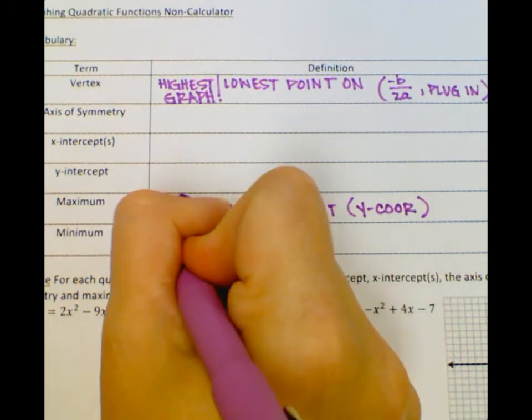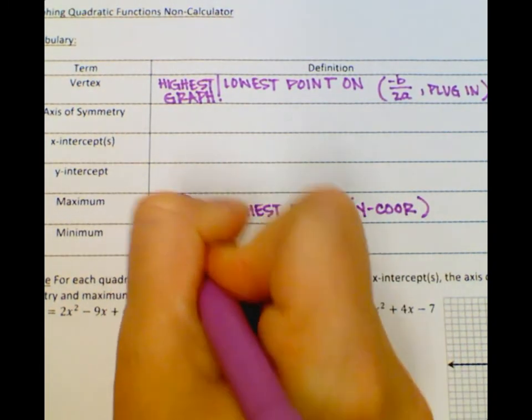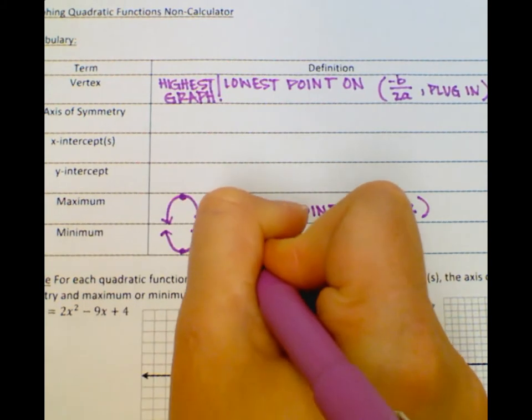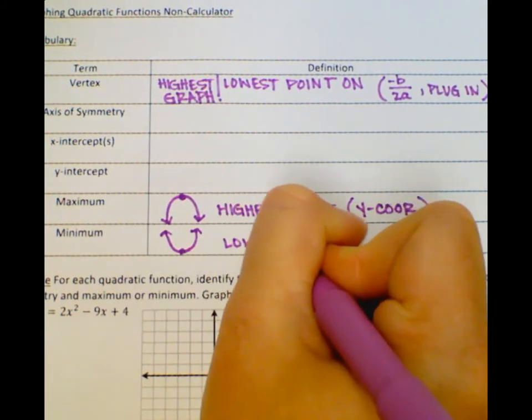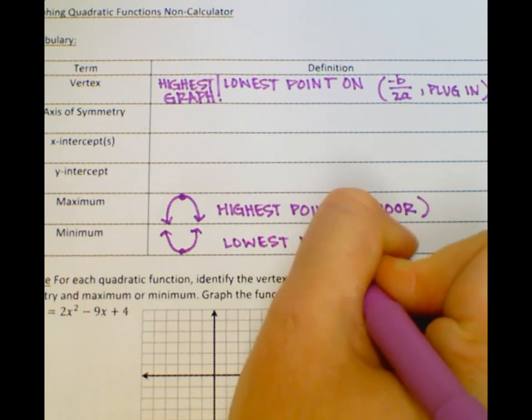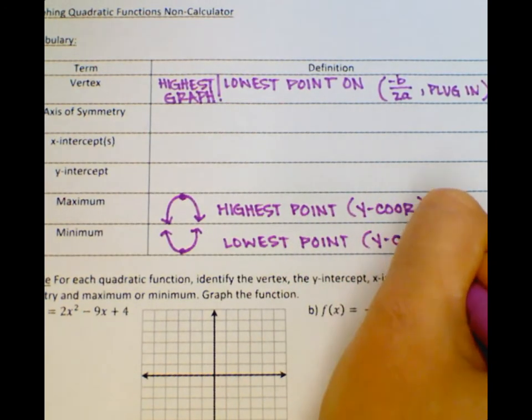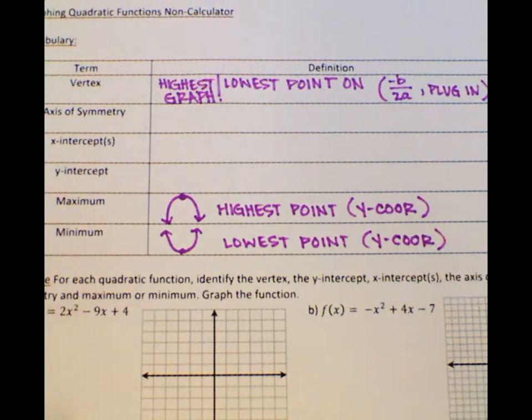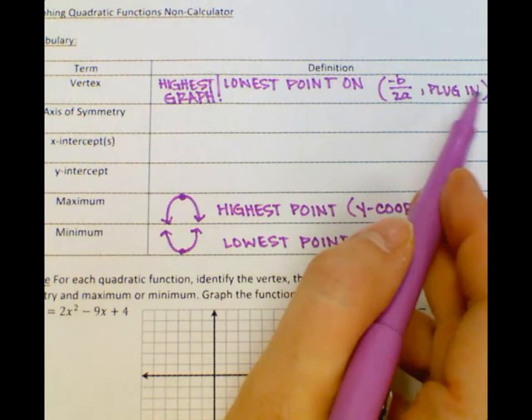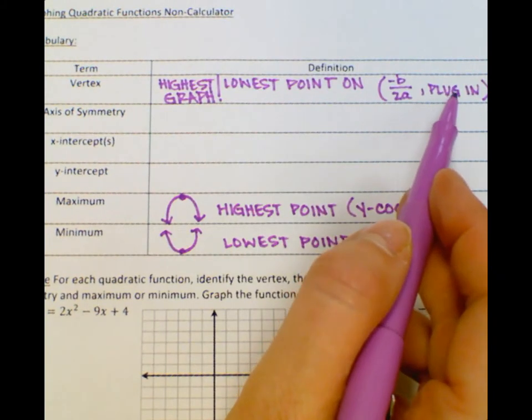The minimum, which is the lowest point, is also your y-coordinate. So after you find the vertex, you should be able to tell me if you have a min or a max and what it is, because it's going to be this y-coordinate right here.